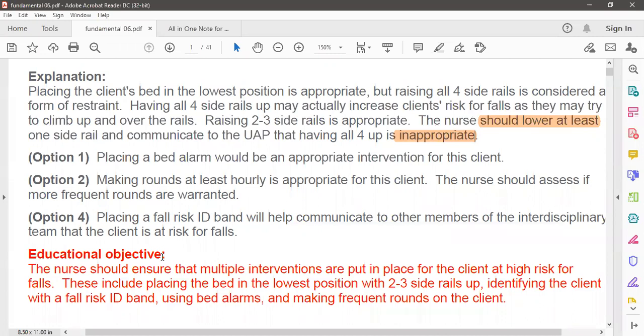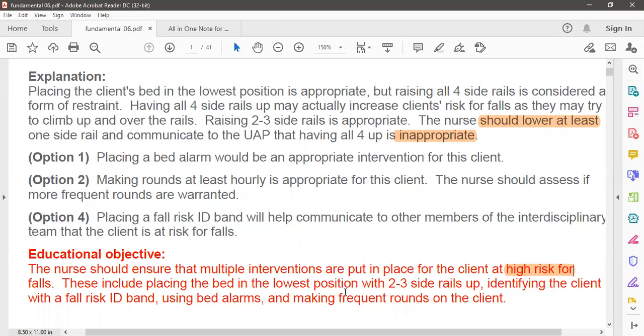What are the education objectives? The nurse should ensure that multiple interventions are put in place for a client at high risk of fall. That includes placing the bed in the lowest position with two or three side rails up.